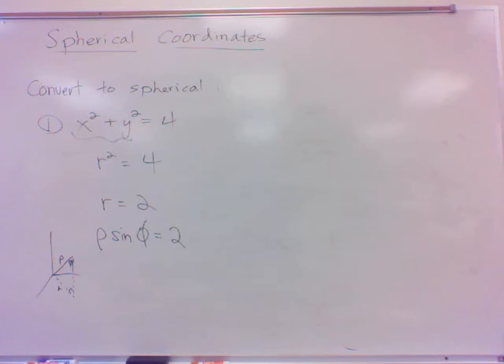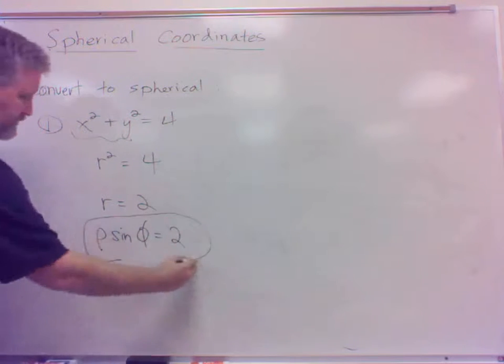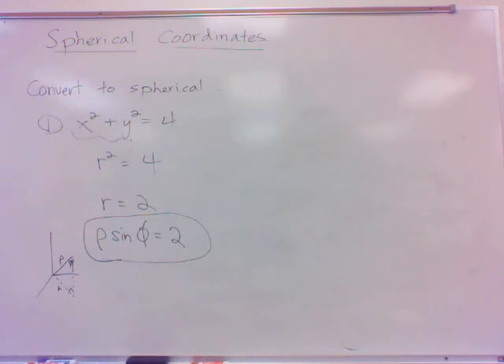That gives us a little conversion there. So change this to r squared, which we can square root to get r, and r is rho sine phi because of the right triangle. So yeah, there you go. In spherical terms, x squared plus y squared equals 4.